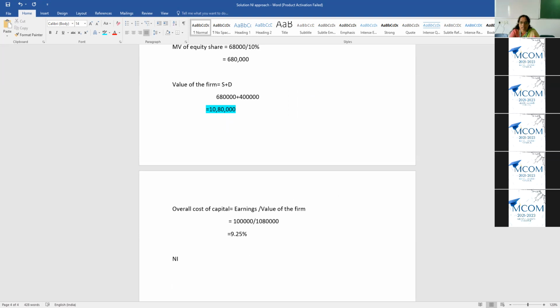You are increasing your debt in this problem from 2,50,000 to 4 lakh. That means there is a change in your capital structure. You are focusing more on debt, and because of which your overall cost of capital is coming down by 0.25%.